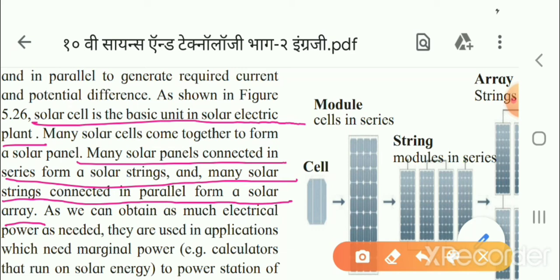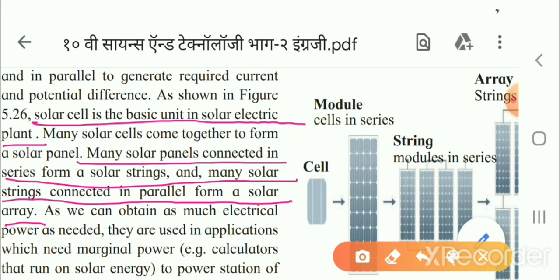As we can obtain as much electrical power as needed, we can see that they are used in applications from a calculator that runs on solar energy to a power station of megawatt capacity. So in different aspects, solar cells, solar arrays and solar panels are used.